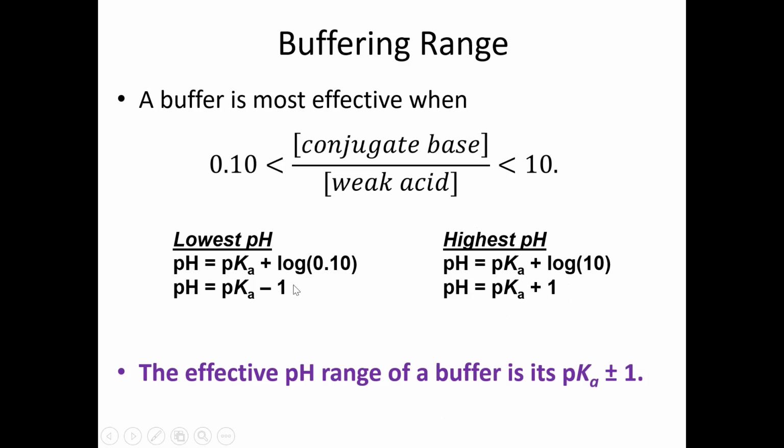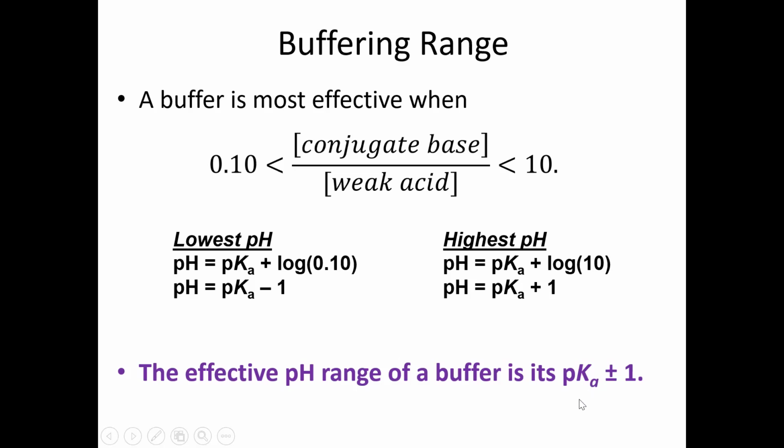So the log of 0.1 is -1, the log of 10 is +1. So that means that the effective buffering range, the pH range of an effective buffer, is equal to its pKa plus or minus 1, right? Because the pH equals the pKa minus 1, or pH equals pKa plus 1.